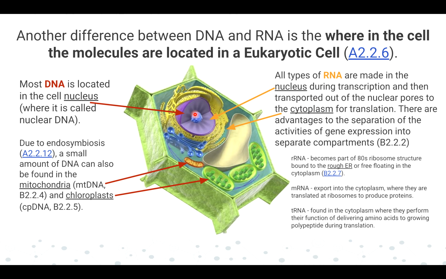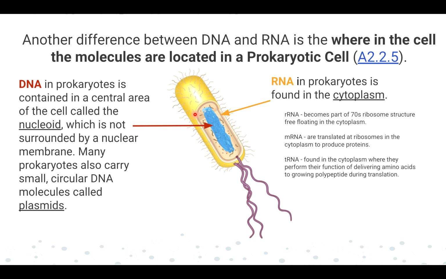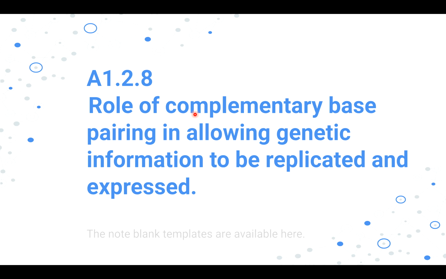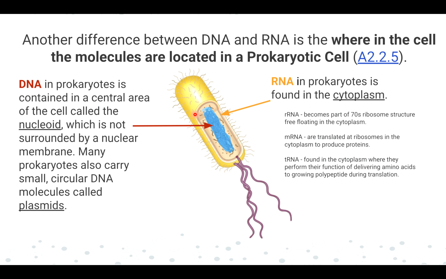This is also an example you can add as a difference. DNA is also found in prokaryotes, right, in the nucleoid region, whereas RNA is freely found in the cytoplasm of the bacteria. So 6 or 7 differences we have seen so far.